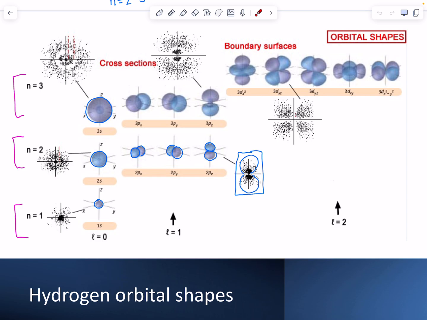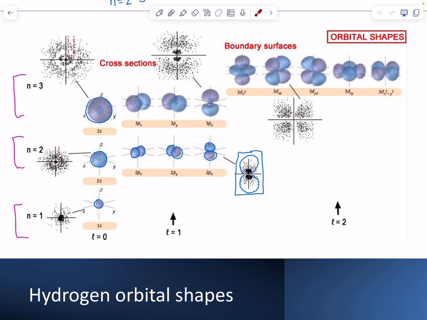Okay, so that's the big picture. Today we're going to start by talking a little more about orbital shapes and nodes and things like that, and then we're going to move into, okay, I've got 20 electrons. Exactly which of those shapes is going to describe the behavior of which of those electrons?